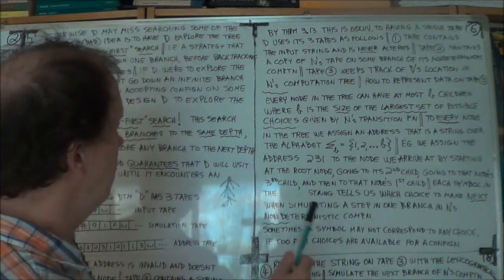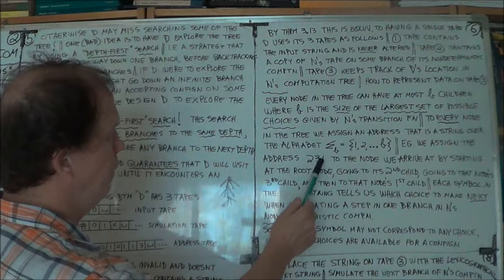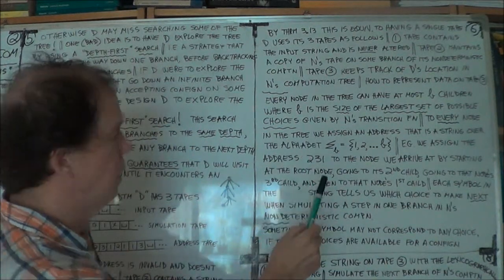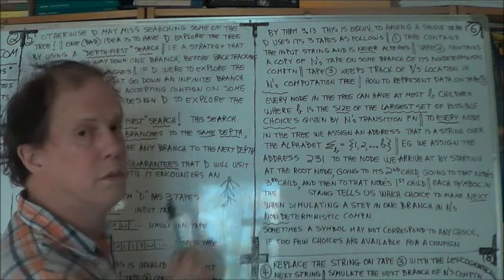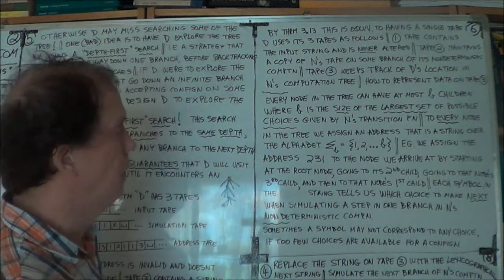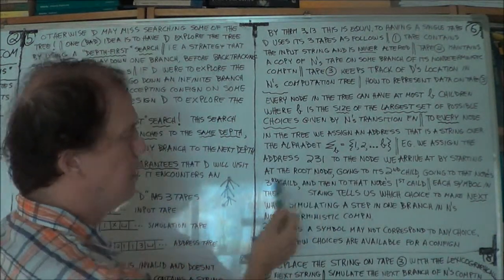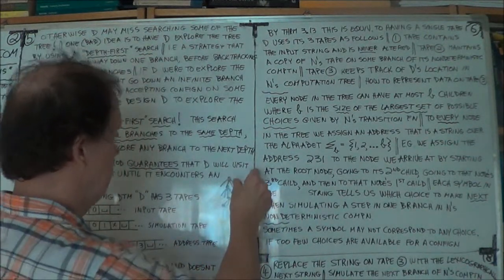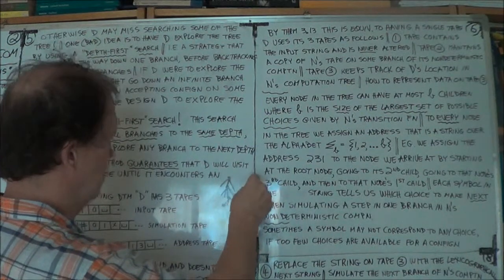Now, most trees won't be like that. You could have all addresses ranging from 111 up to 444. Now there may be some addresses that don't exist. Take this as an example.